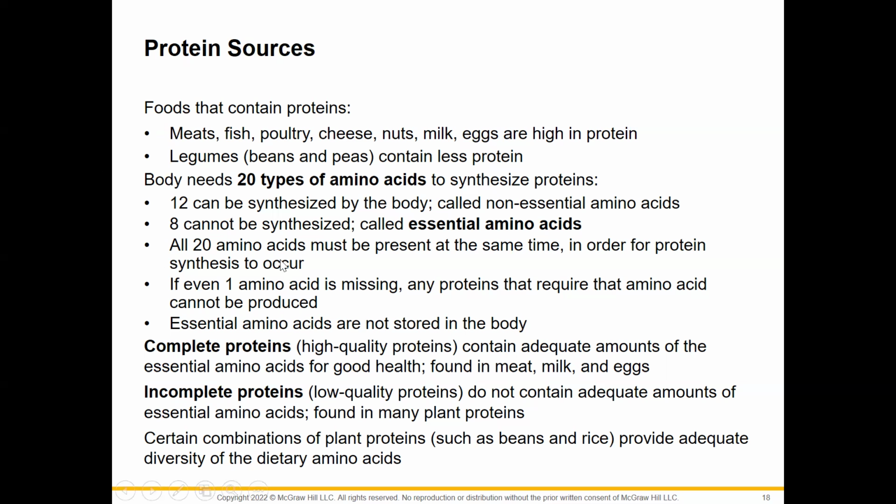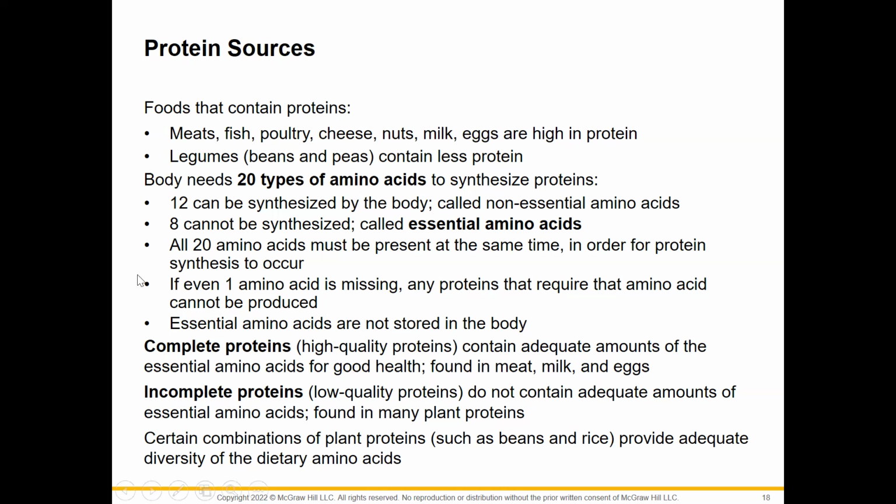All 20 of those amino acids must be present at the same time in order for protein synthesis to occur. In order for your body to make proteins, to build structures, your body has to have all 20 amino acids at the same time, even the essential ones. So that means you need to be eating a diet that is varied so that you're getting all of these amino acids, so your body can continue to build and heal you.